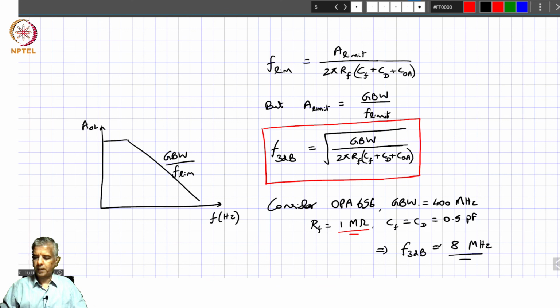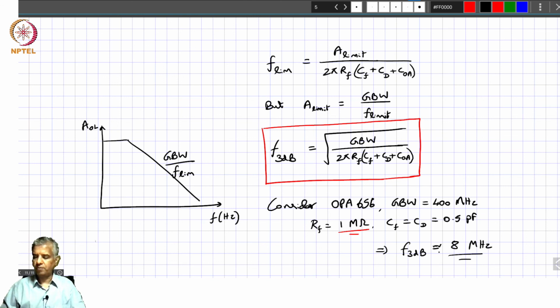Because your op amp is whatever it is, you picked up one of the best op amps available in the market, which has the highest gain bandwidth product. So you don't have a choice. You cannot get rid of these. So you will have to drop your RF accordingly.